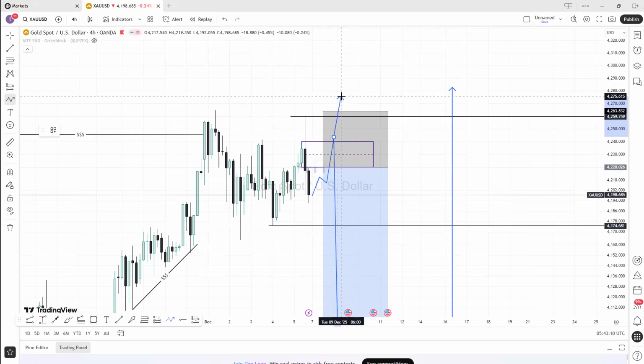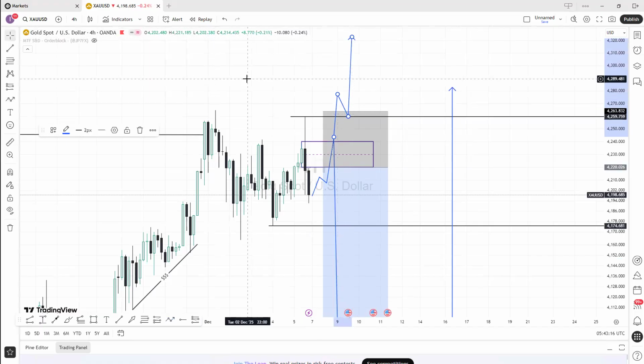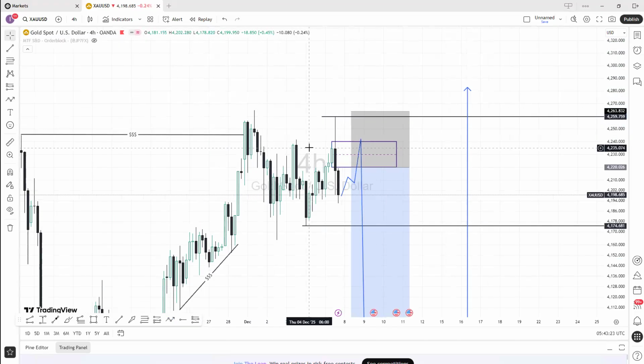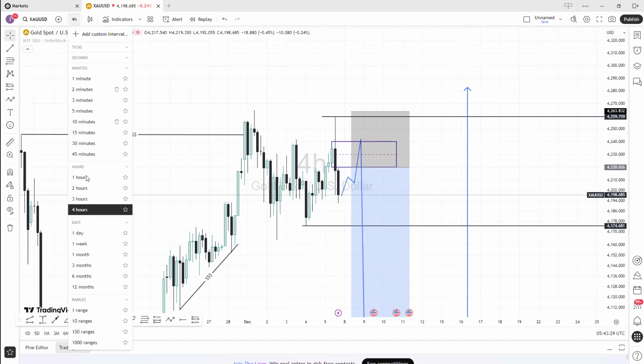It will break that previous high. So when price breaks that previous high, you can wait for a retest and then we will find buys after a breakout of that previous high, okay, which has a low probability of breaking that high because the weekly bias is bearish and the daily bias is bearish.